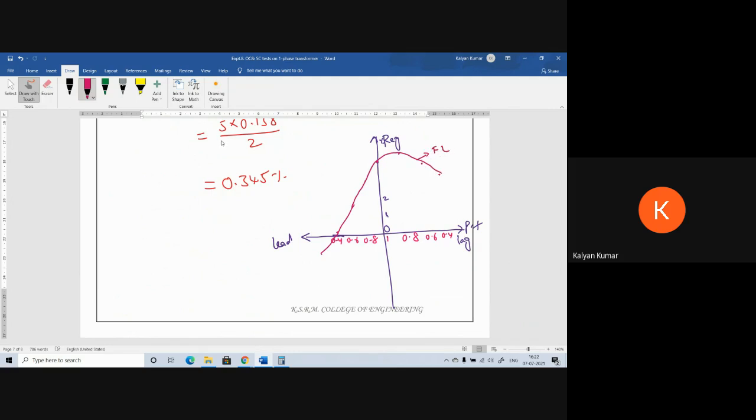Next, for half full load conditions, the regulation values will be almost half of the full load values. Therefore, for unity power factor, for 0.8, 0.6, 0.4 and 0.8, 0.6, 0.4 and 0.2.